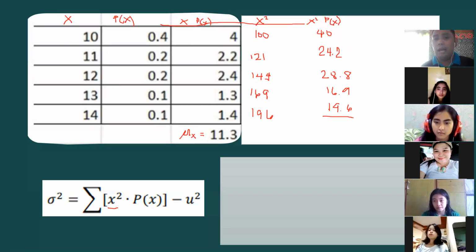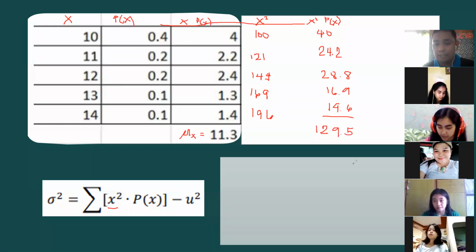Okay. After that, i-add lang natin. So that will be 40 plus 24.2 plus 28.8 plus 16.9 plus 19.6. So we have 129.5.